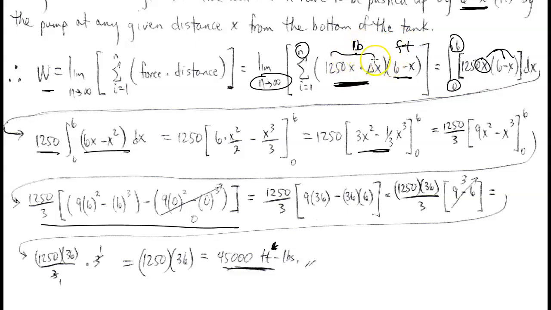And remember, we're just adding a bunch of those pound times feet slices of water together. And so whenever we do this, those units don't change. And so that's why this would still have to be foot-pounds, or pound-foot. You can switch it either way. It doesn't matter, but I think most people say foot-pounds. So that's why I put it as foot-pounds here at the end.